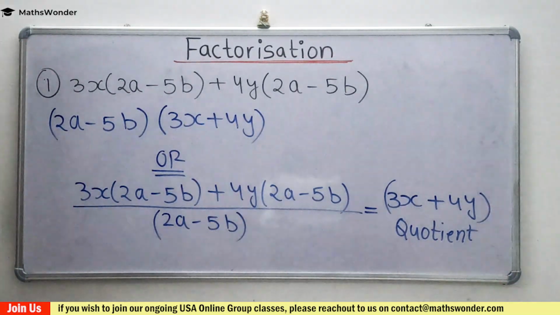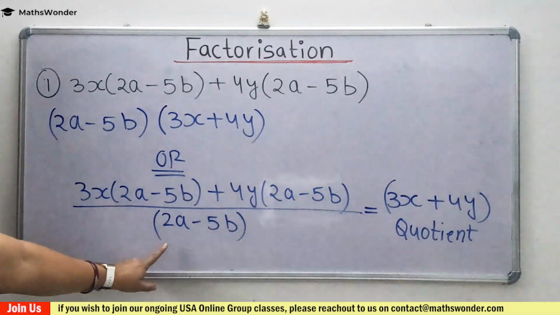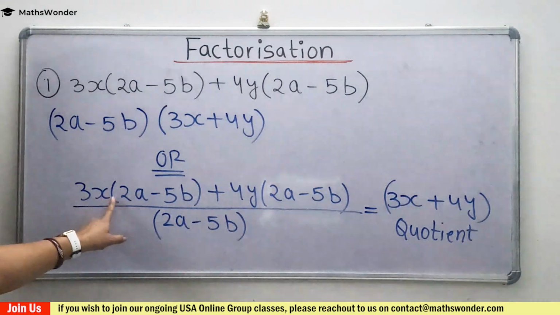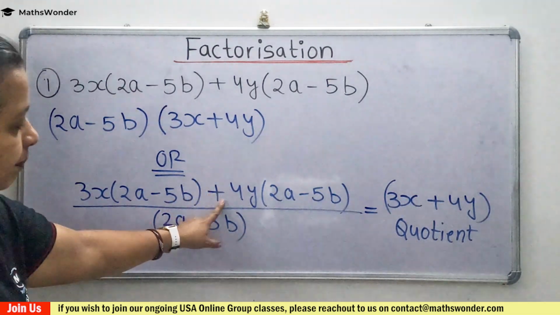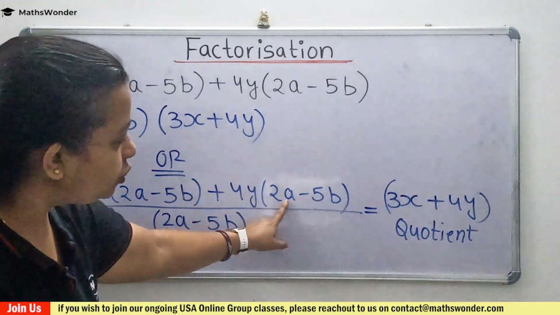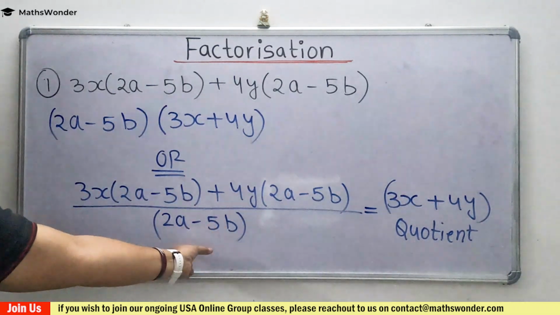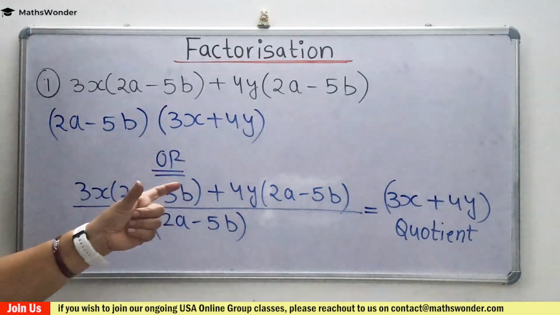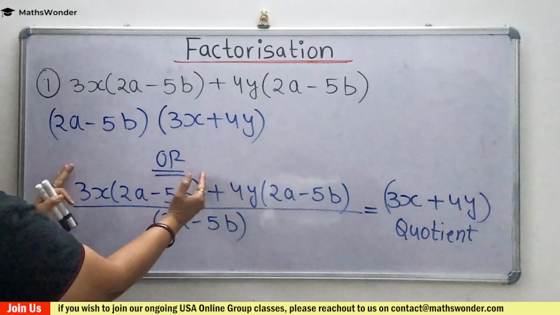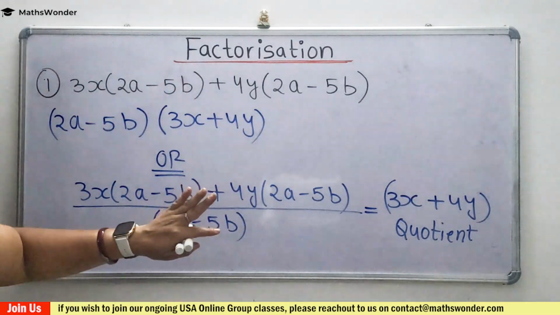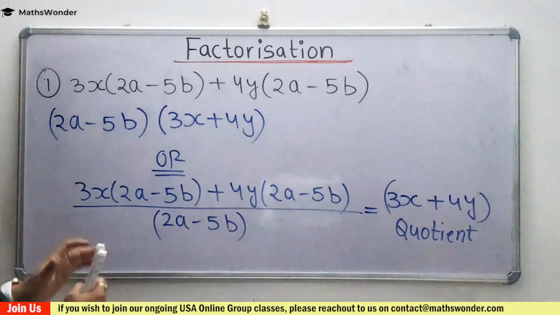So you can say that the common binomial factor which can divide 3x(2a minus 5b) plus 4y(2a minus 5b) is 2a minus 5b, because 2a minus 5b is the common binomial term which is in this part and this part, because the plus sign separates the expression.